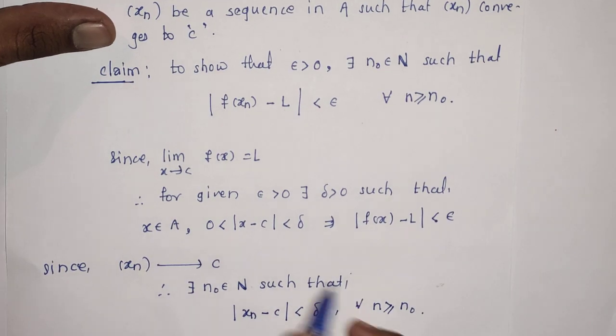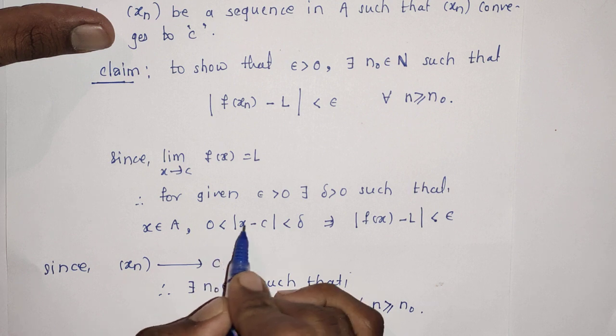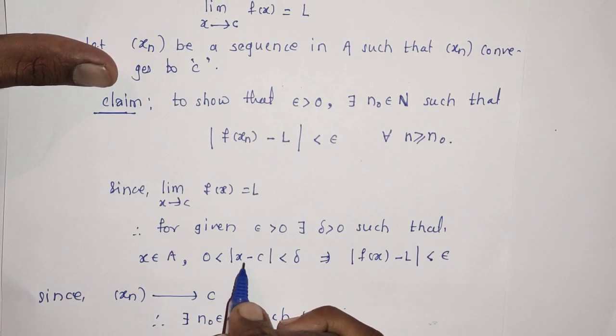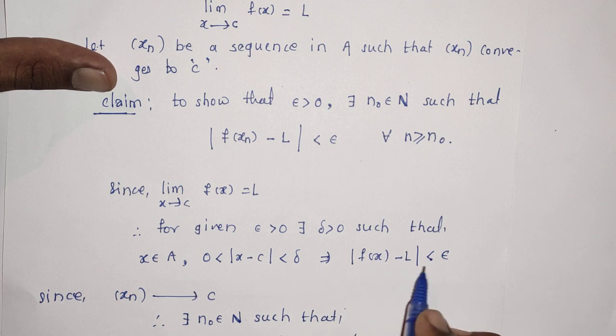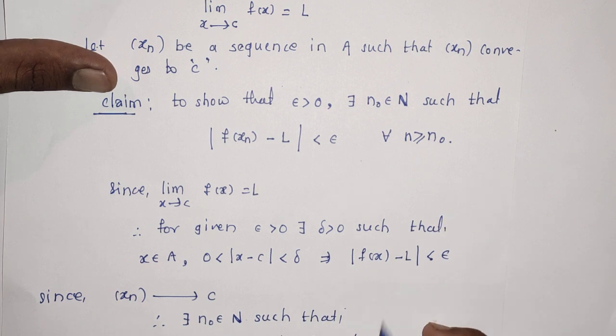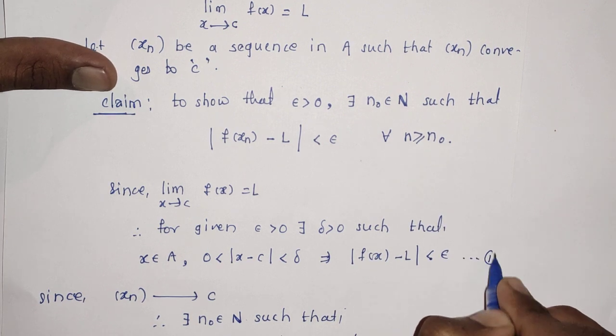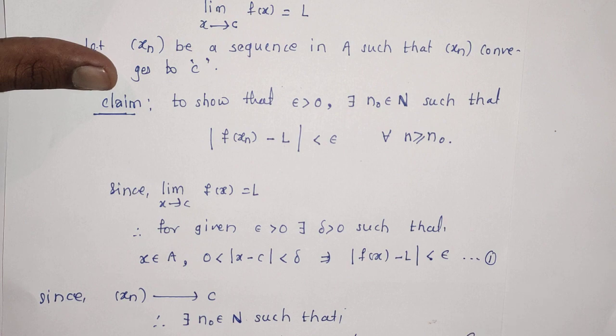Therefore, here we have 0 less than mod x minus c less than delta implies mod of f of x minus L is less than epsilon. Again, xn converges to c, so we can use the definition of convergence. Now, from these two, suppose this is equation number 1 and this is equation number 2.